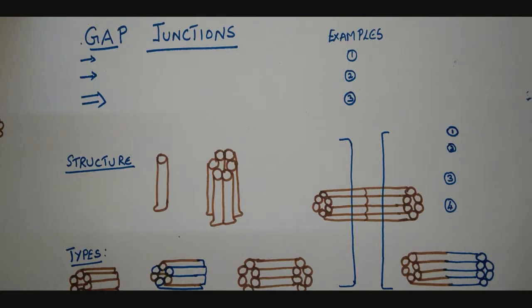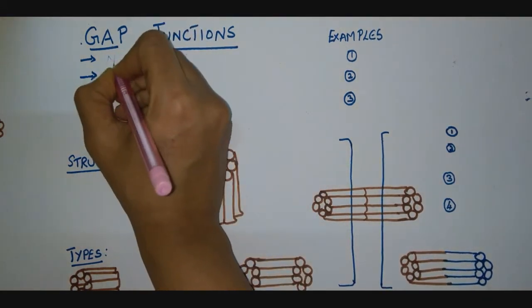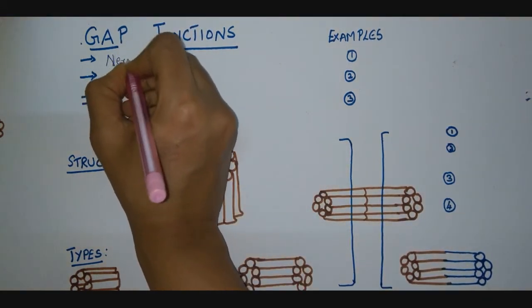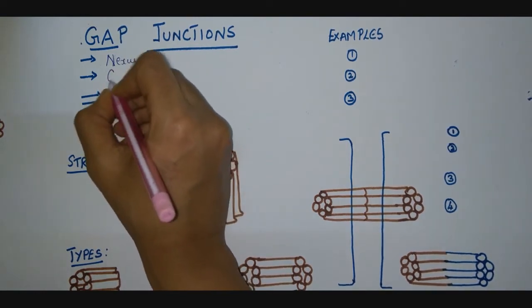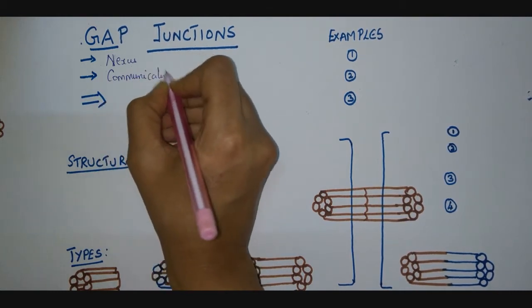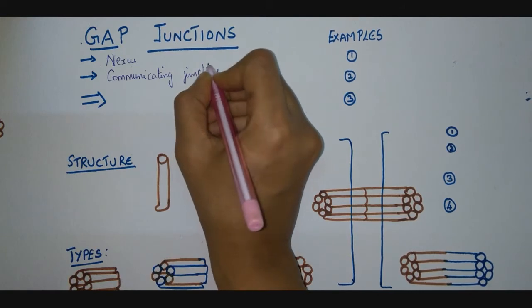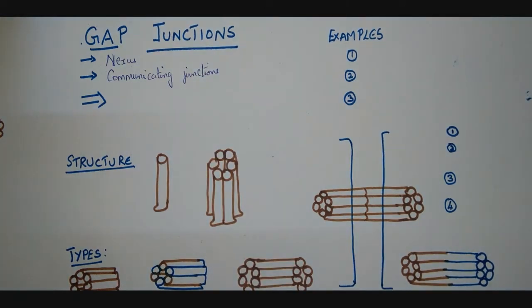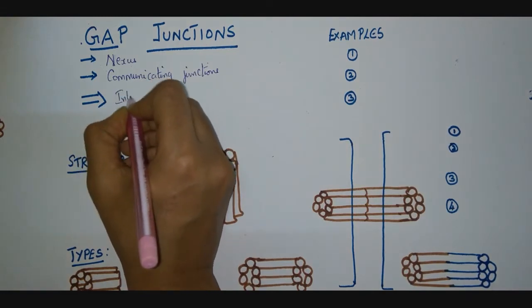Hi, in this video we'll see about gap junctions. What are the other names for gap junctions? They are also called nexus or communicating junctions. As their name implies, gap junctions allow intercellular communication.